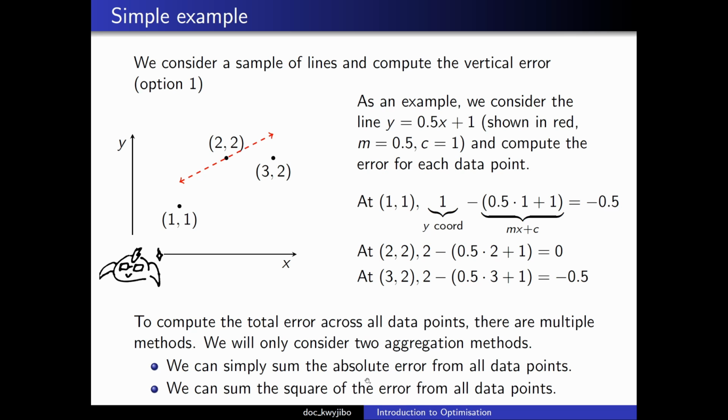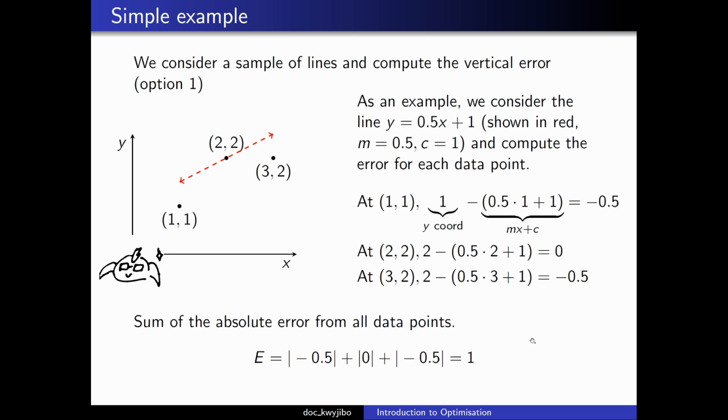The first one, we can just sum the absolute error from each data point. So the absolute error is just the number, and you ignore the sign. So this first one is 0.5, the next one will be 0, and the last one would be 0.5. For the square of the error, we square each of these before we add them up.